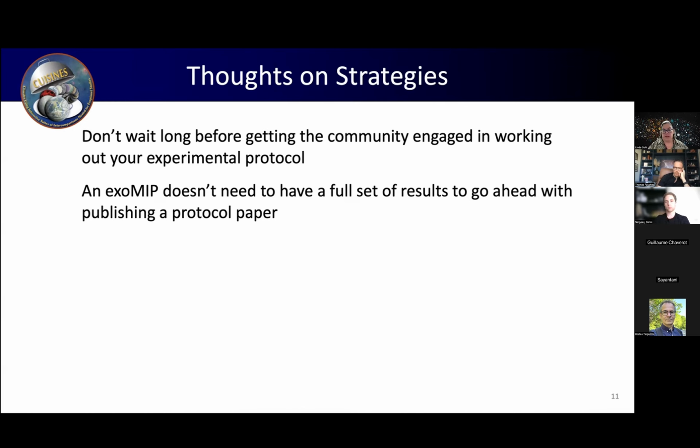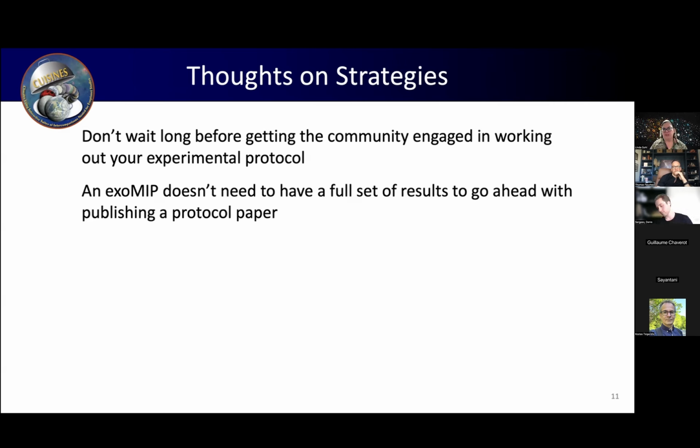Now, I will say that you may run into some issues with paper reviewers. In the process of getting the framework paper reviewed, because the framework paper does not have brand new scientific results in it, the infamous reviewer number 2 protested strongly about publishing the framework paper.